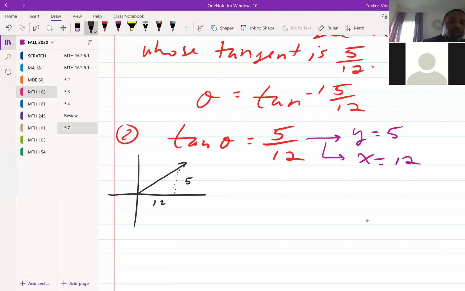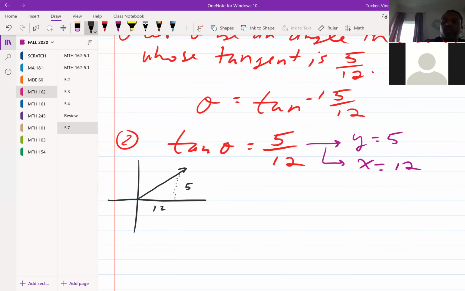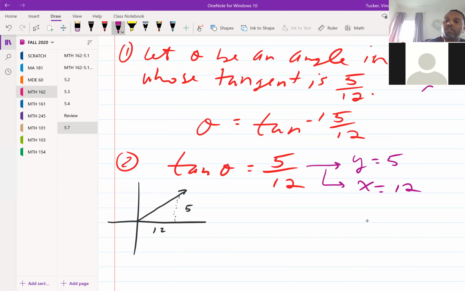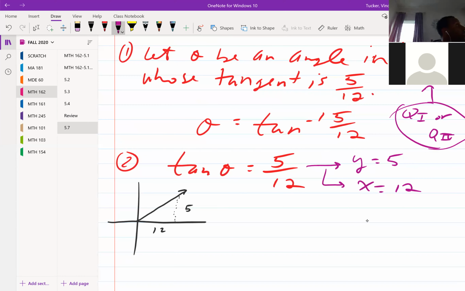So don't forget, it can either be in the first quadrant or fourth quadrant. So if tangent is positive, remember tangent is only positive in the first quadrant or the third quadrant. So it means we have to be in our first quadrant if tangent is positive. This down here is theta.